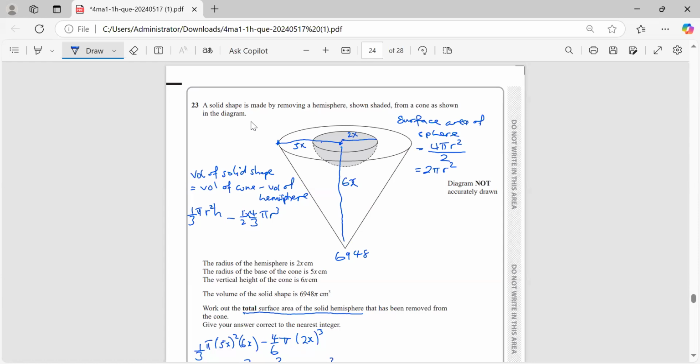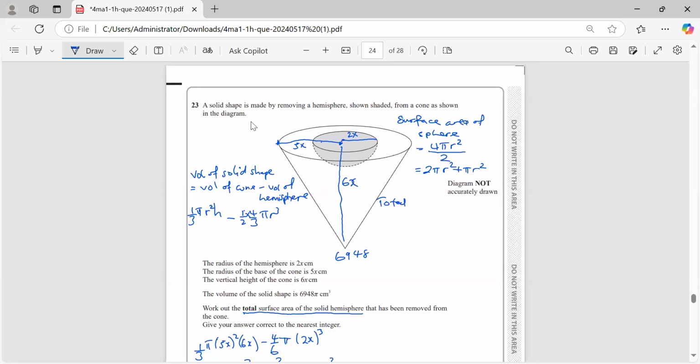But we also have this circle here, so we add the area of this circle, because the curved surface area is 2 pi r squared, but we also have the area of a circle over there. We need to add it so that we come up with the total surface area of the hemisphere, right? So we add plus pi r squared onto this.